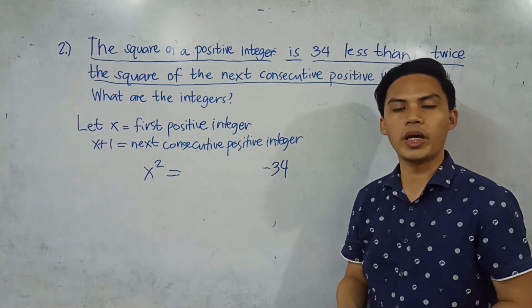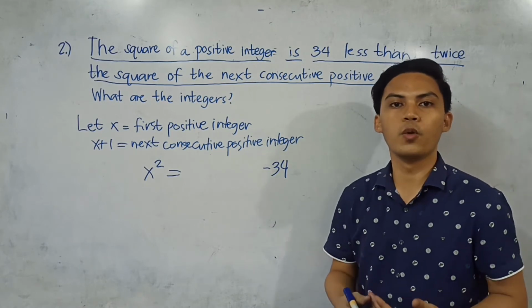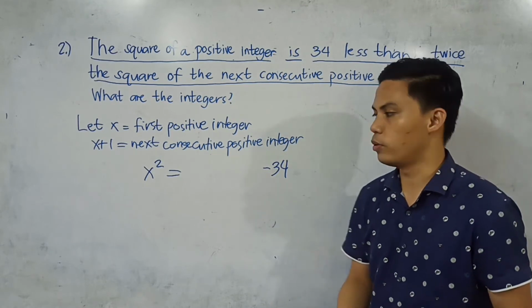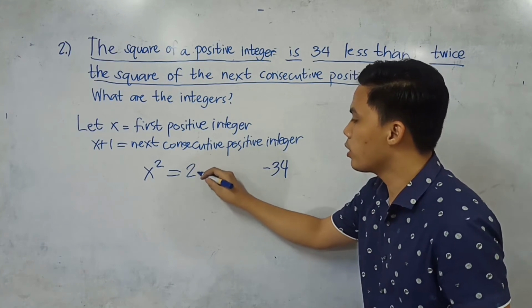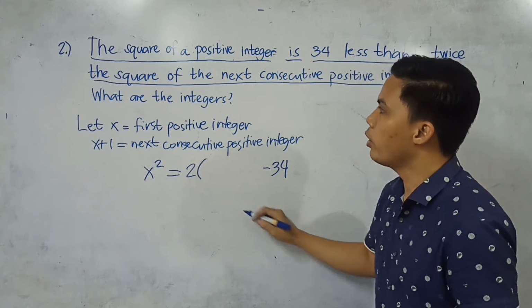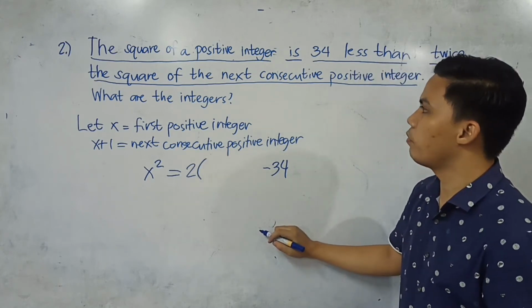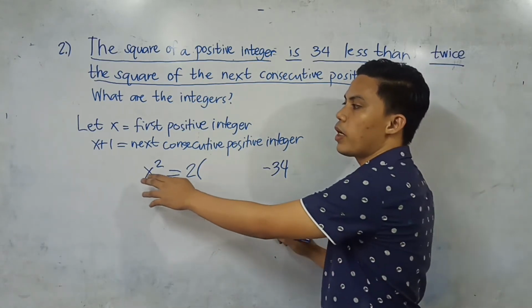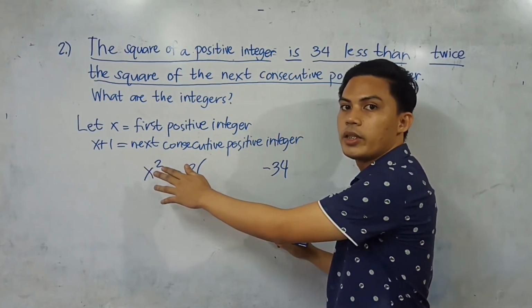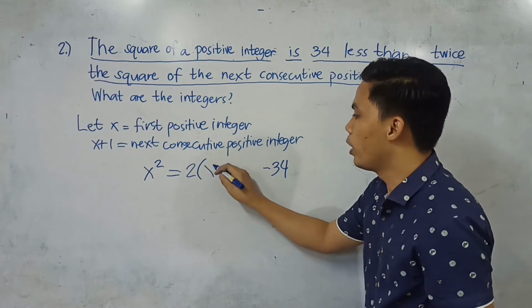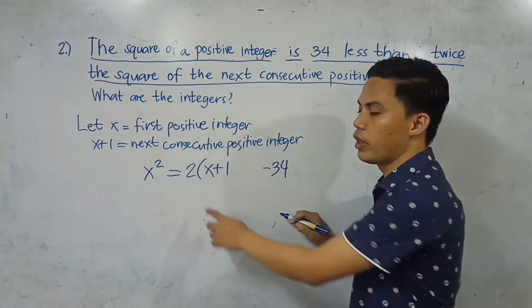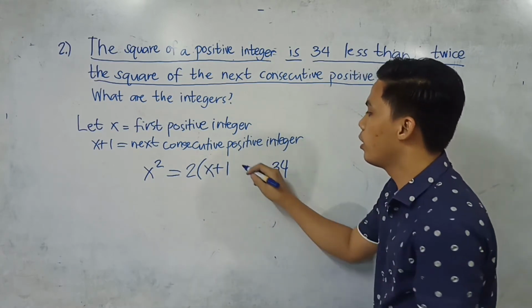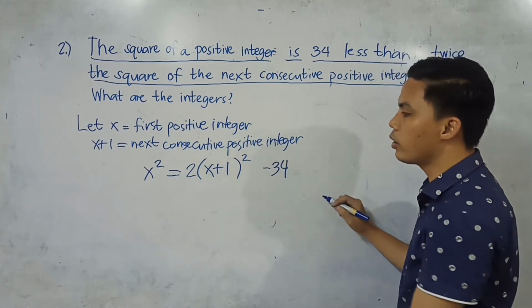Next, twice the square of the next consecutive positive integer. Twice. When we say twice, ibig sabihin yan, we're going to multiply it by 2. So, twice the square of the next consecutive positive integer. Yung next consecutive positive integer natin is x plus 1. Tama? So, ilalagay natin siya sa loob ng parenthesis. Okay. Then, square. Bakit ganito?